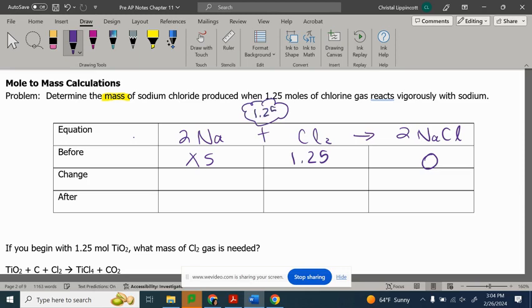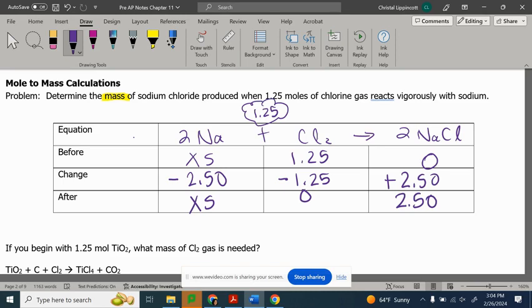So it's going to be 1.25 up here. Then I'm going to come down out of my cloud. So when I come down, this value is going to be what? 2.50. This will be 1.25, and this will be 2.50. Finish this up, excess, 0, and 2.50.